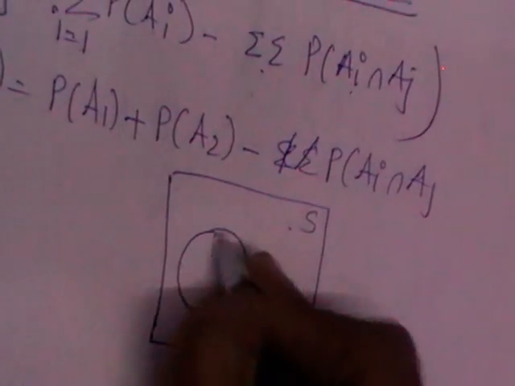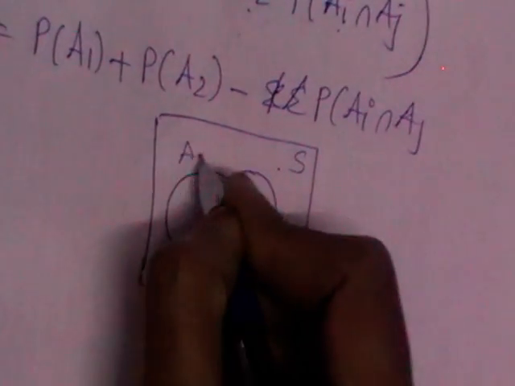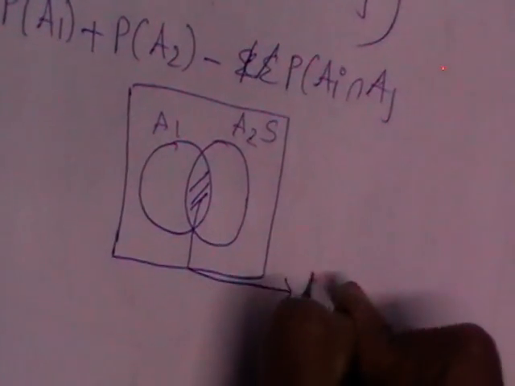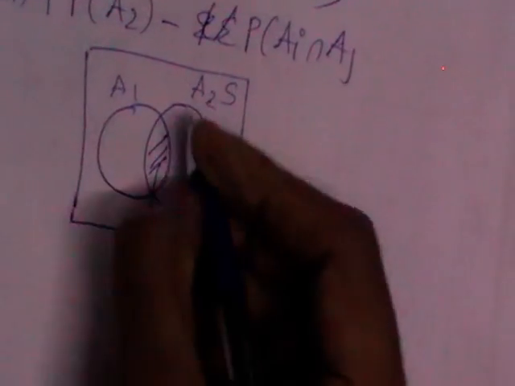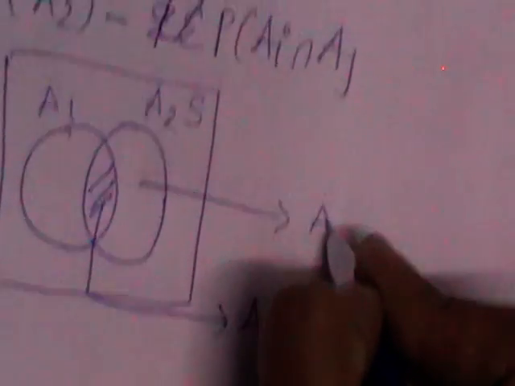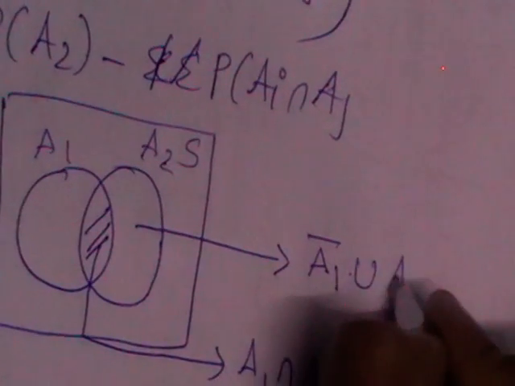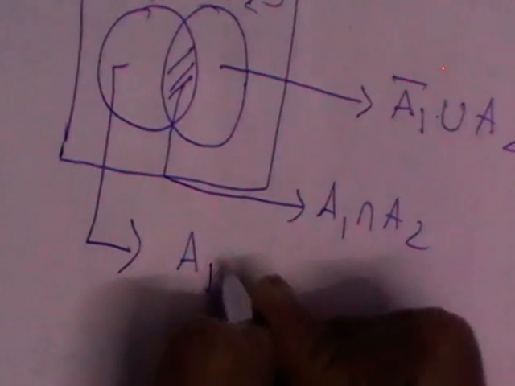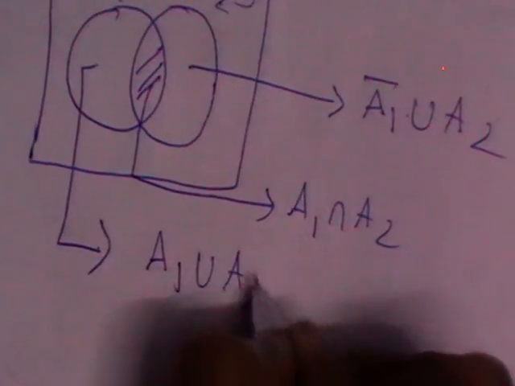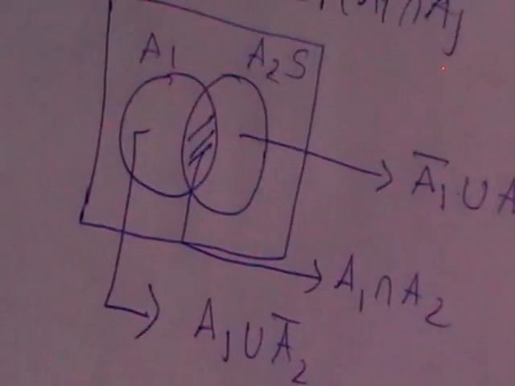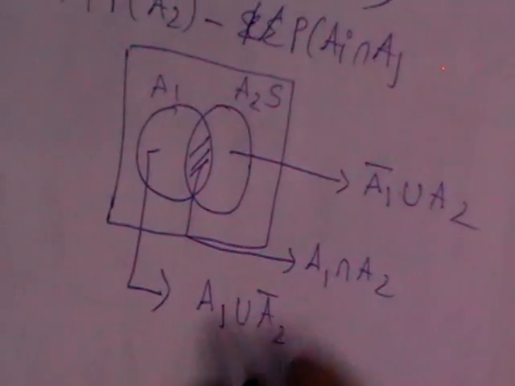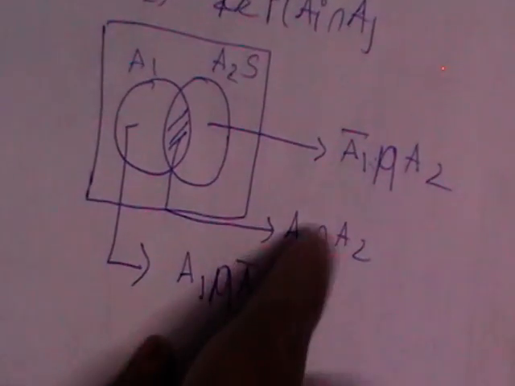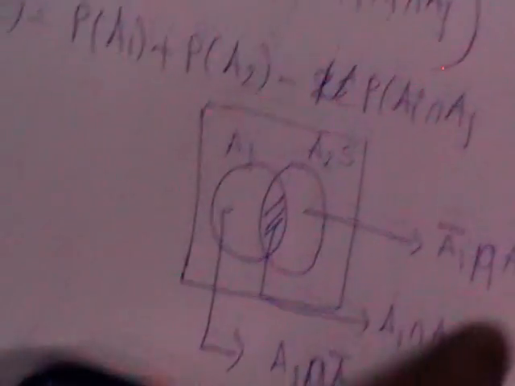As we have done in the previous theorem, this is A1, A2. This part represents A1 intersection A2. This part is A2 but not A1. I think this one we have already discussed, so I am not repeating it. I think this consists of 3 parts: A1 intersection A2 bar, A1 intersection A2, and A1 bar intersection A2.